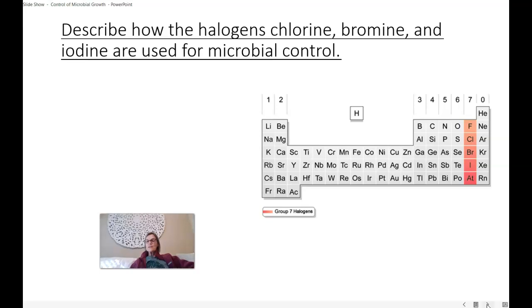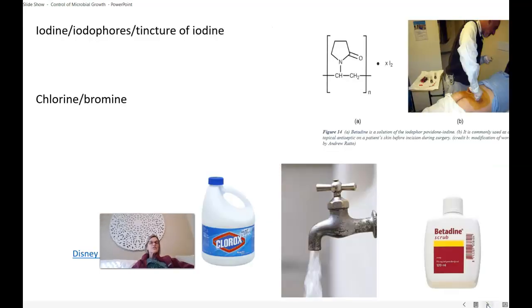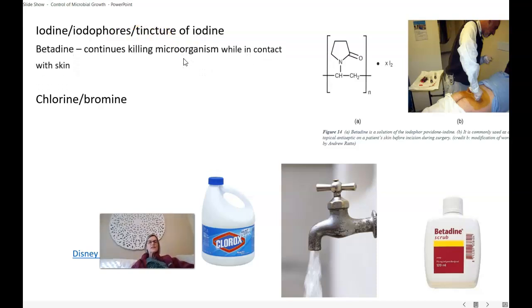And you can probably give examples of how they're used. Iodine is probably one of the oldest microbial control agents we have. And just like when we used phenol, chemists got their hands on iodine and did some chemical variations and made iodophors. And so there's all sorts of different iodine products.